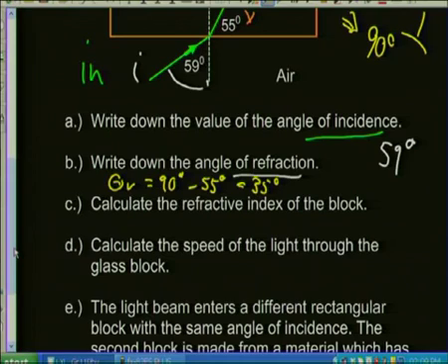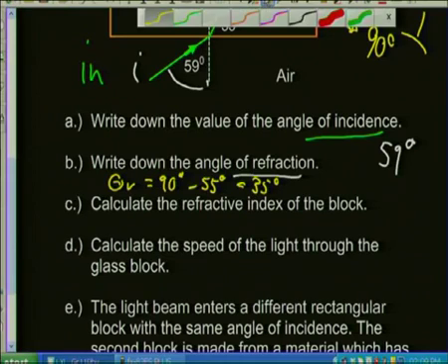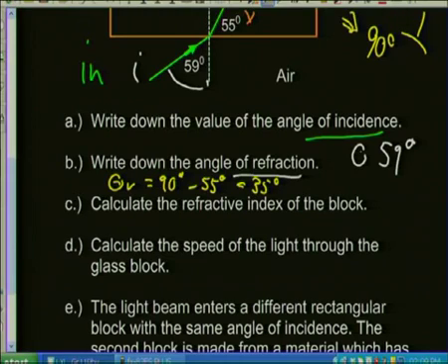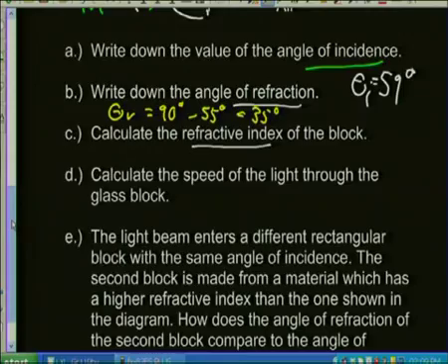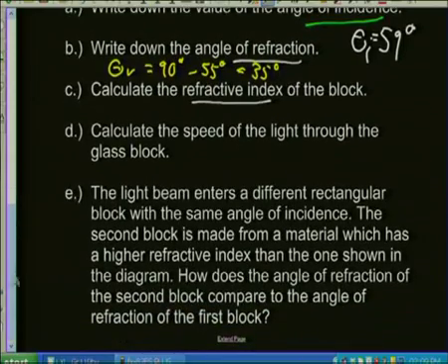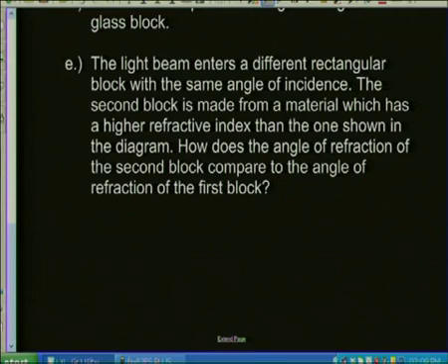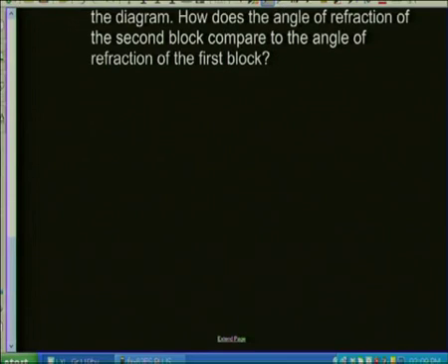So what we've got so far is the angle of incidence, and we've got the angle of refraction. It now tells me to calculate the refractive index of the block. So here I'm going to use Snell's law. What do we recognize?